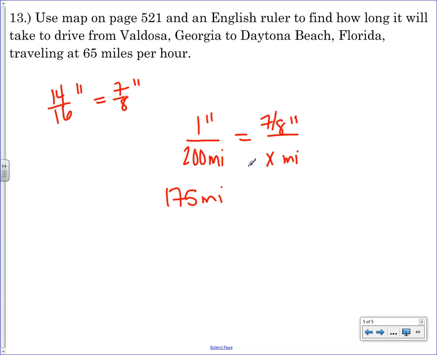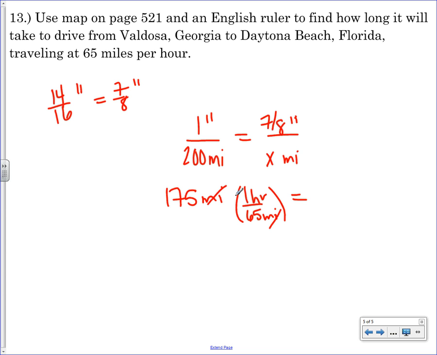So if we're driving at 65 miles per hour and we want to know how long it's going to take, do I want the miles to cancel where I'm left with hours, or do I want hours to cancel where I'm left with miles? I want to know how long something's going to take me. It'd be in hours, right? So I want my miles to cancel. So I have 65 miles in 1 hour. Do you guys see my miles canceled out? You guys understand that? Okay.